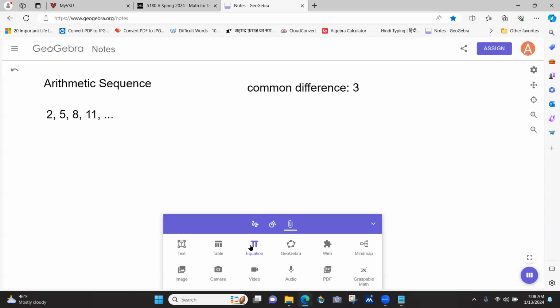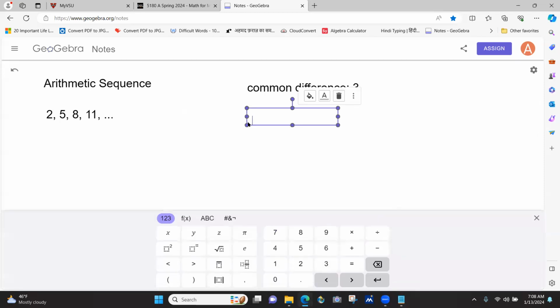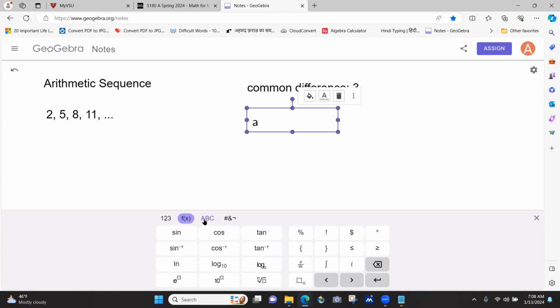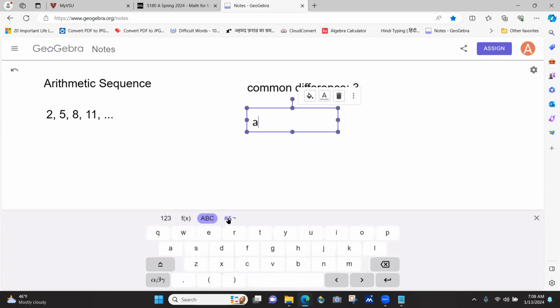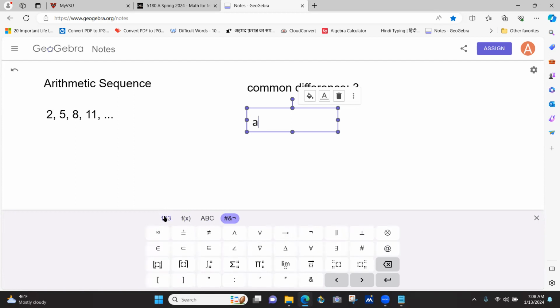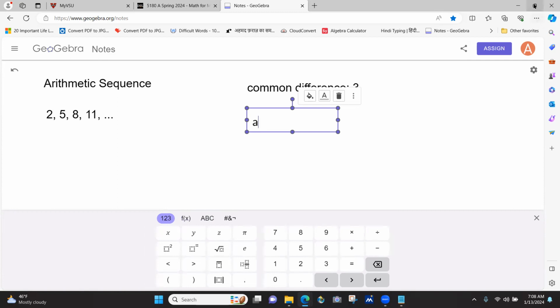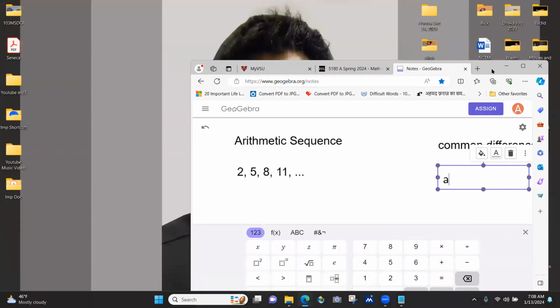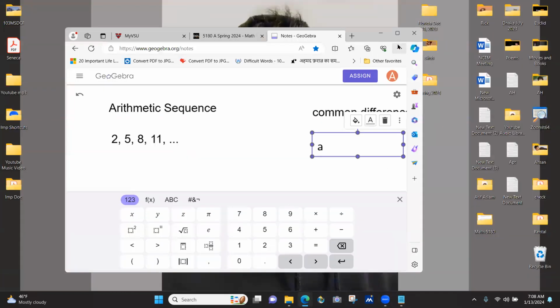By the way, A subscript 1 is called the first term. A little technological difficulty, but don't worry, we'll resolve it.